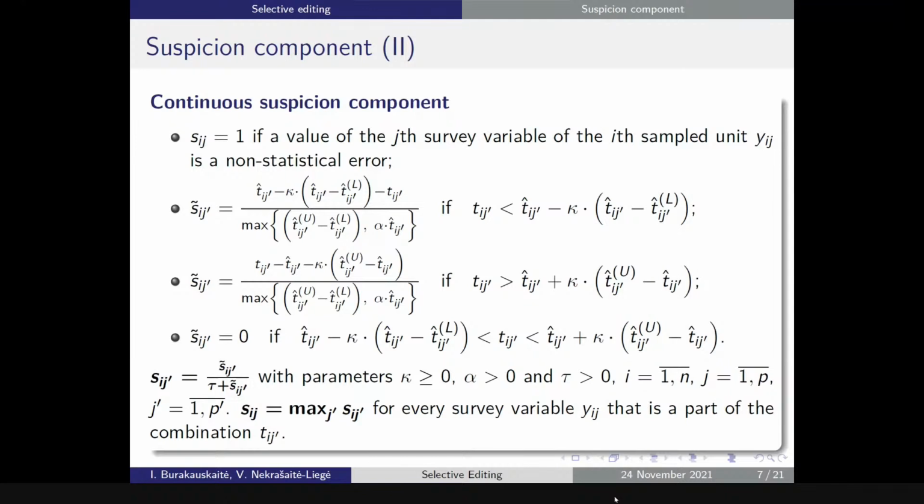Well, it again equals 1 if an observation is a non-statistical error, but when an observation is a statistical error, it also depends on the distance between the observation and one of the boundaries of a chosen acceptance region. Therefore, 3 additional parameters are included into the formula of this continuous suspicion component, and those parameters are kappa, alpha, and tau.